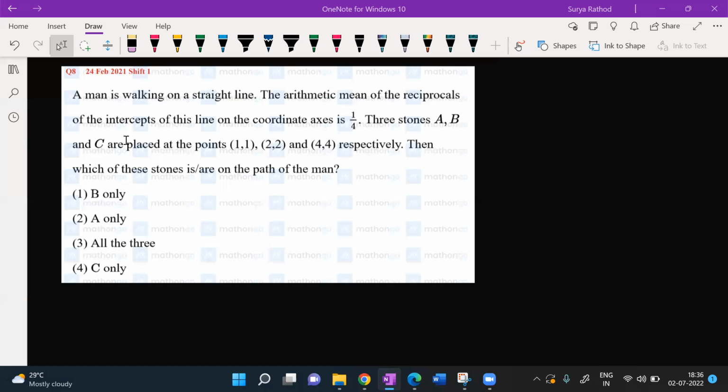The arithmetic mean of the reciprocals of the intercepts of the line on the coordinate axes is 1/4. Three stones A, B, and C are placed at the points (1, 1), (2, 2), and (4, 4) respectively. Then which of these stones are on the path of the man? Very, very good question.